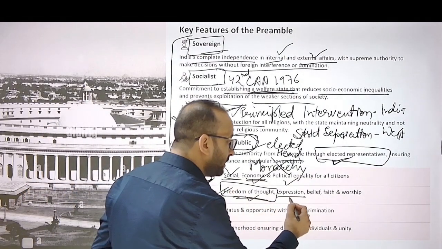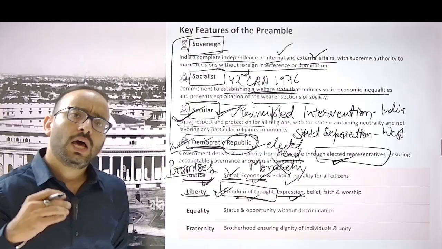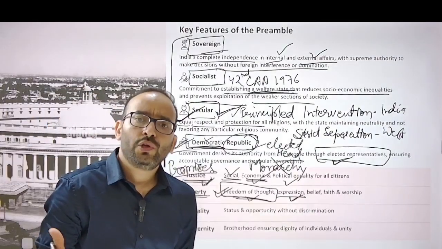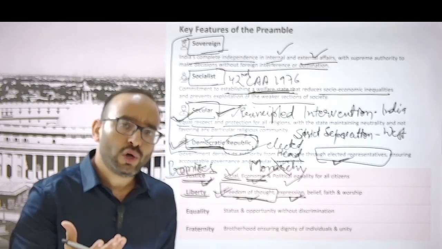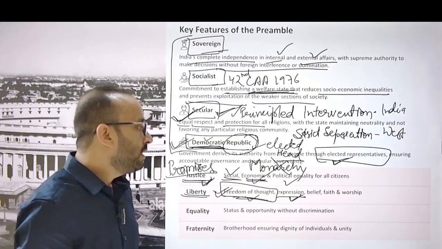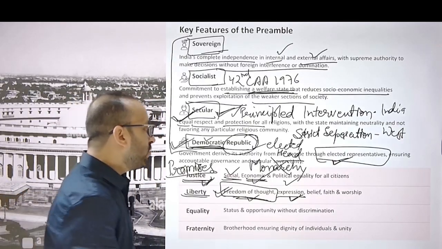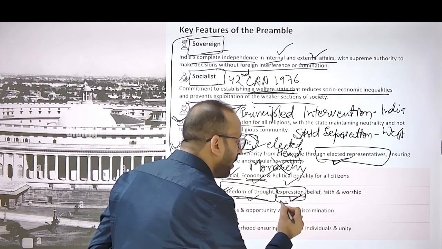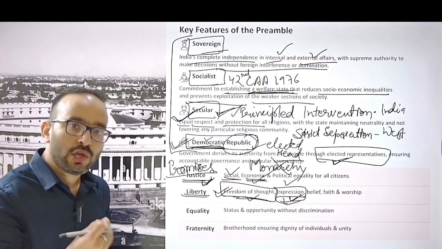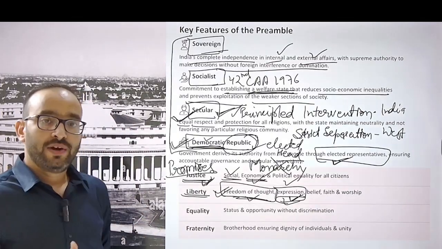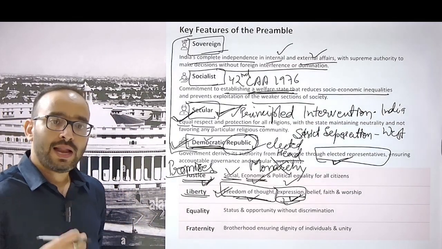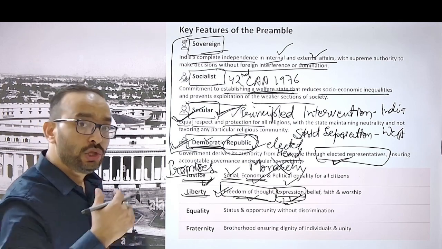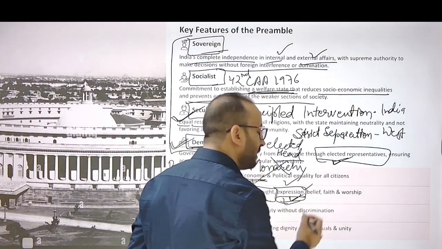Then, freedom of expression. Just allowing you to think and not allowing you to express what you have thought is meaningless. So that is why you are also given the freedom of expression. Whatever ideas you have related to any political matter, any economic matter, any idea, you can express them to other people as well.